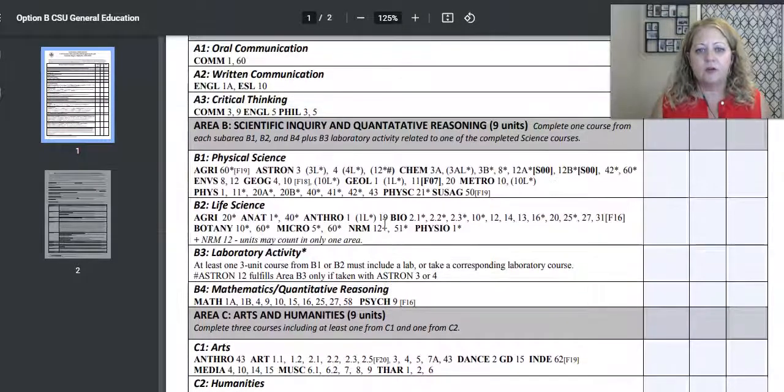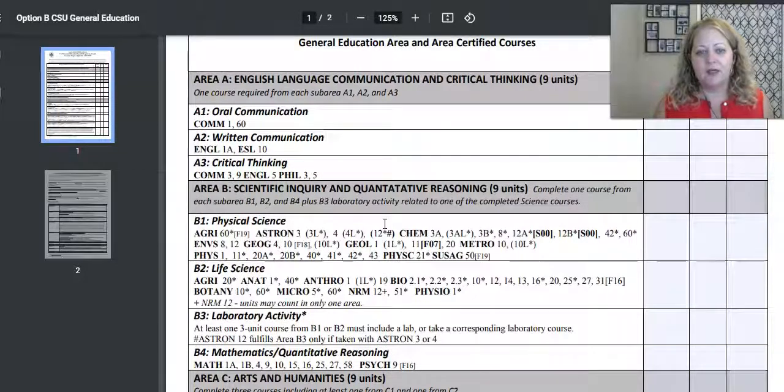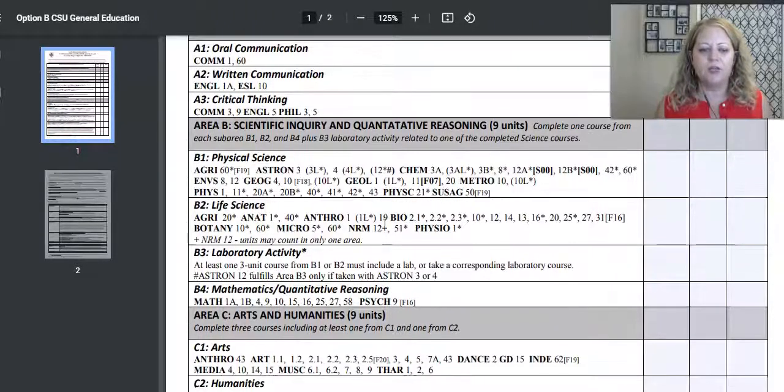Now, we talked about those high unit majors, and as a high unit major, remember you have to have 30 units of GE completed. So if you're that bio major, and your major requires Math 1A and 1B, that's 10 units. You're most likely going to do Bio 10, that's 4 units. You would also be required to take chemistry, possibly Chem 3B as well.